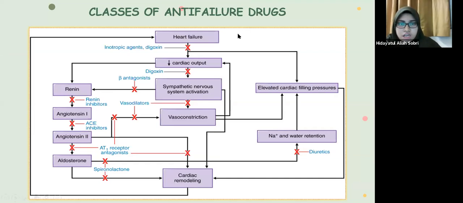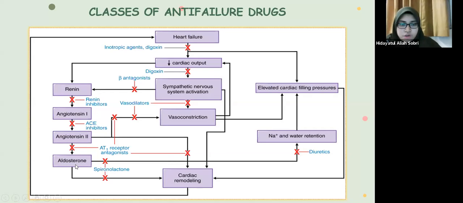So heart failure causes a reduction in cardiac output. When there is a reduction in cardiac output, it will cause sympathetic nervous system activation that will release renin, which converts angiotensinogen to angiotensin 1, and angiotensin 1 will convert to angiotensin 2, and angiotensin 2 will produce aldosterone.